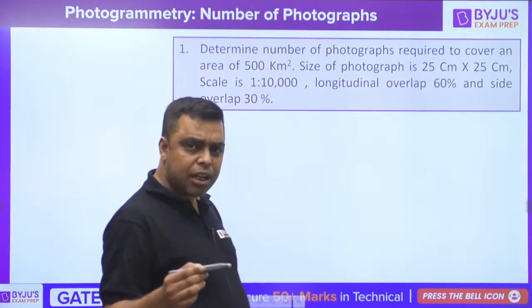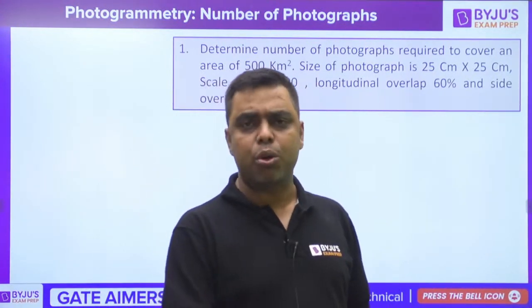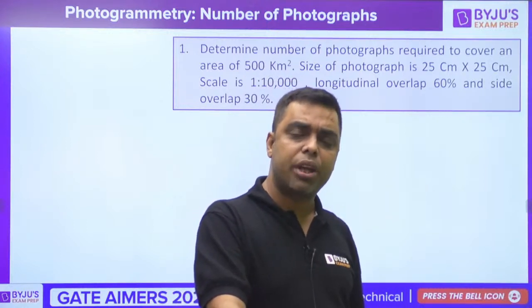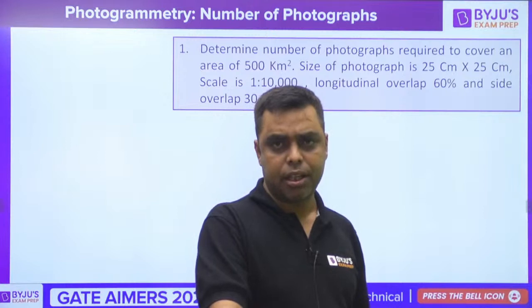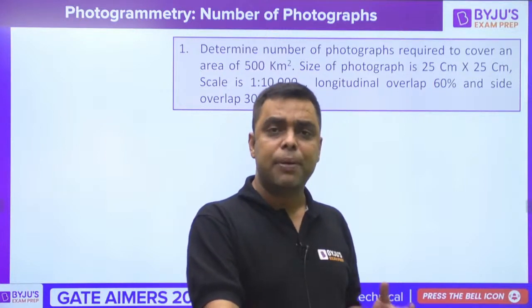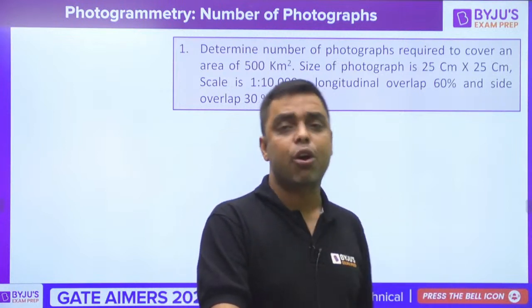So do we have basically the dimensions of the ground? No, we only have the ground area. Since we have the ground area only, unfortunately we have to go for method 1 only.